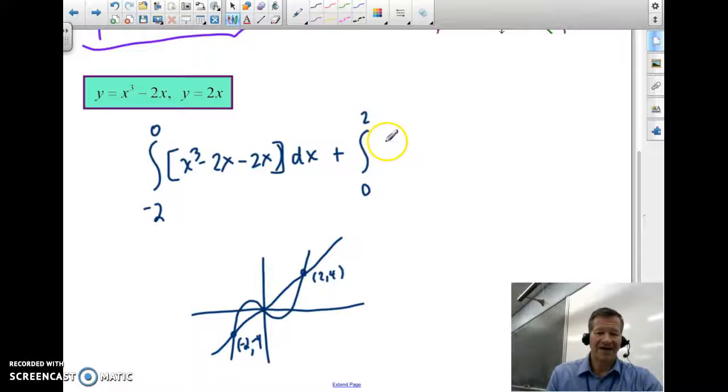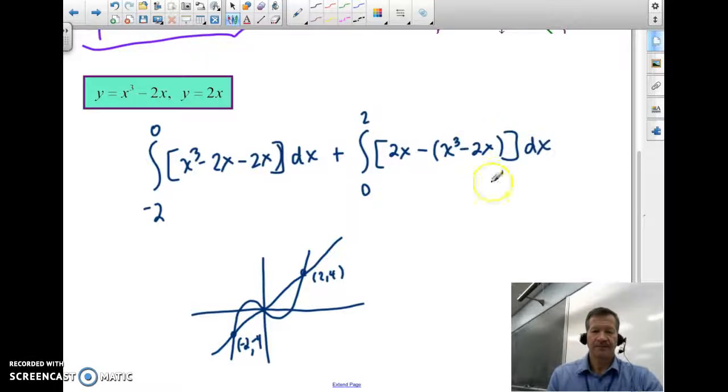Now we take the line on top, 2x, minus the cubic. I have to put it in parentheses so that I make sure I distribute, with respect to x. And that would give us that total area. So notice, if there is more than one area that is enclosed by the two given functions, then we need to find both of them and add them together.